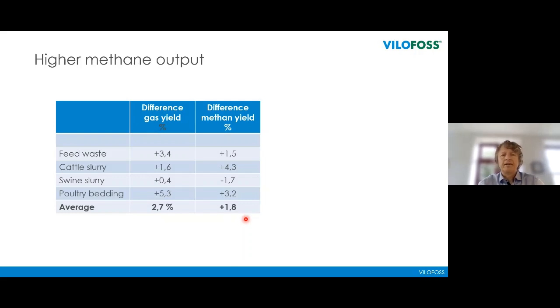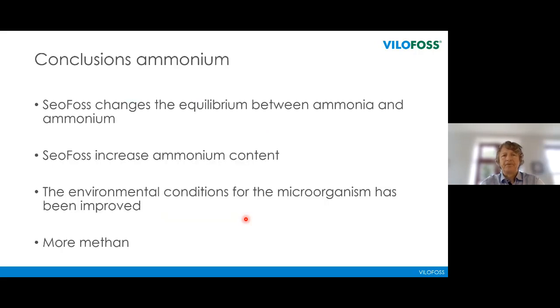So it also demonstrates that there is this relationship between ammonium content and the methane, and also that when you have a lower viscosity, it would by itself improve the methane yield.